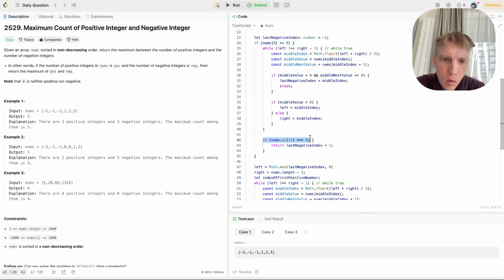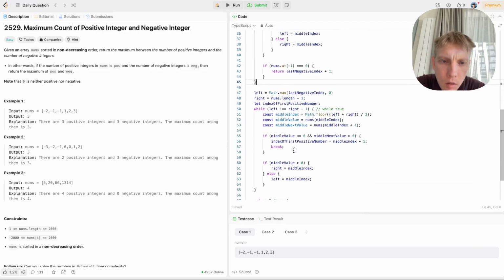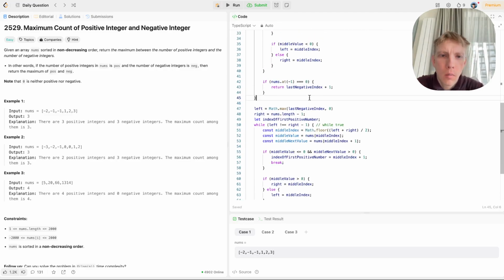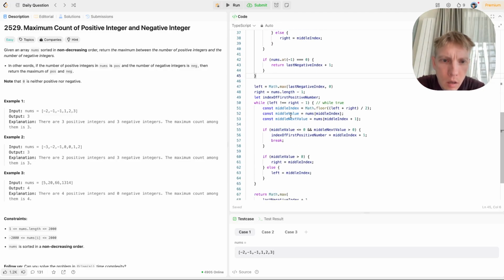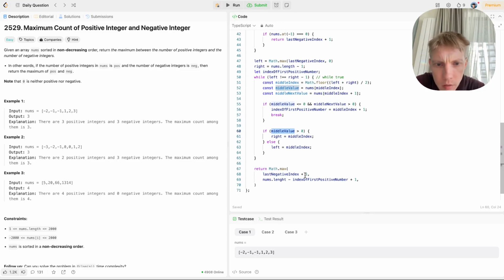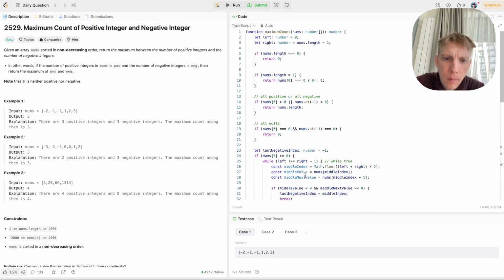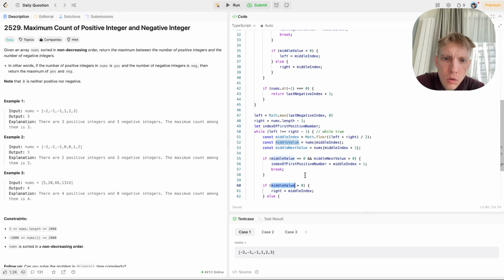If there are no positive numbers, okay, we already did it. So we know that there are positive numbers to the right side. And we're looking for it. Yes. If middle value bigger than 0, then we're moving right. If not, we're moving left. And after that, we return everything. Well, it should work.